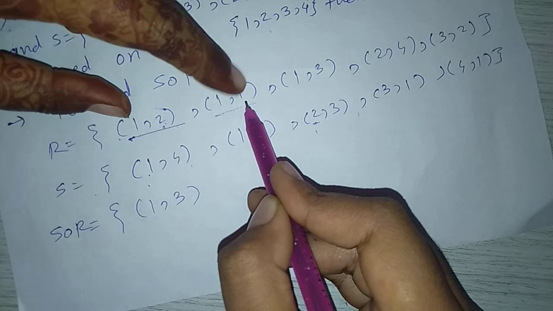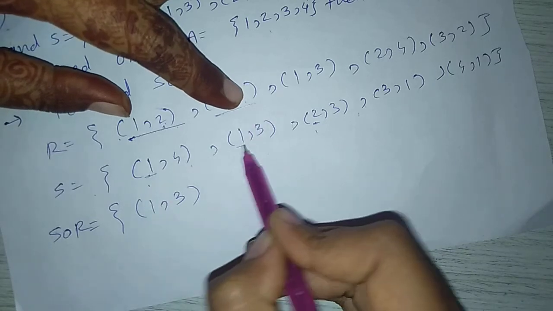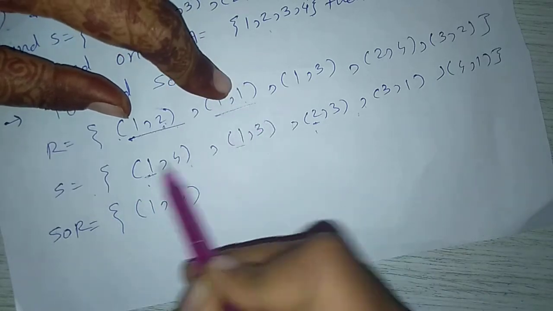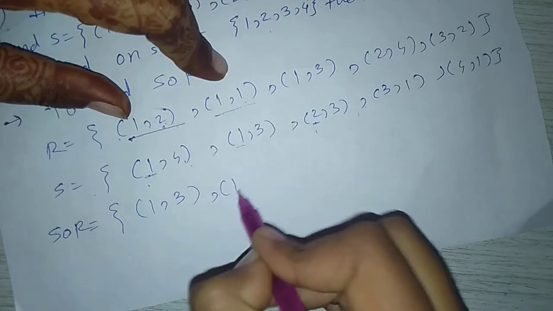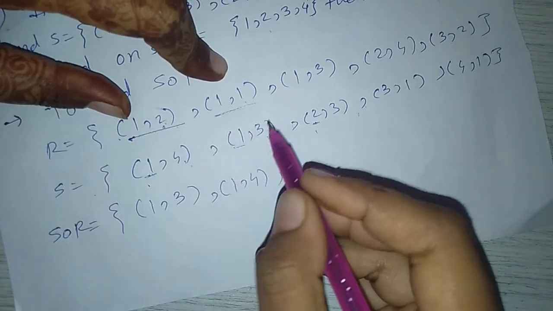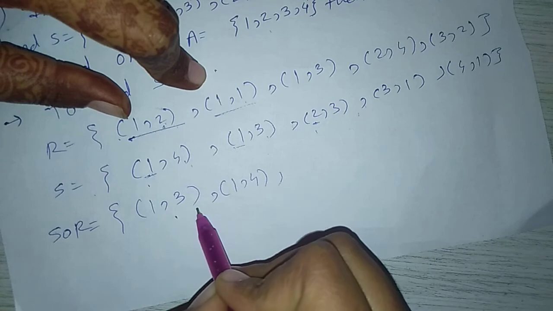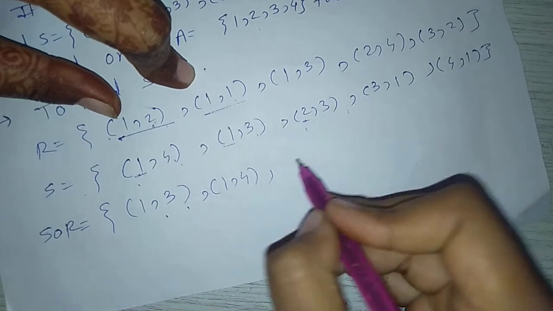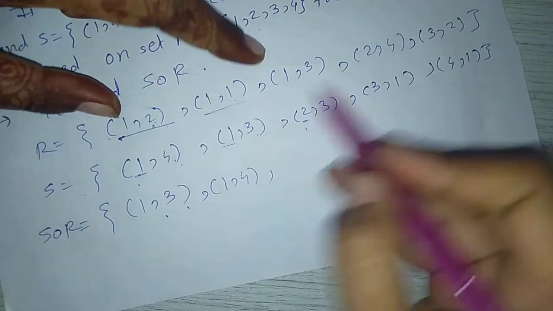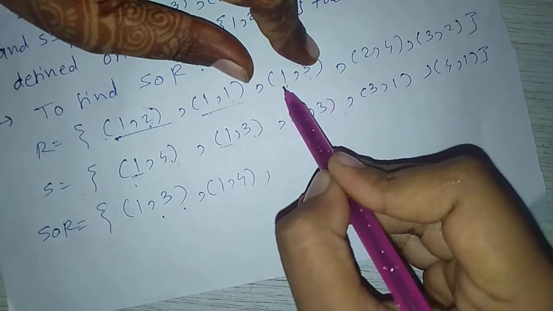Here second element is 1. Here first element 1. So (1,1), (1,4) is (1,4). (1,1), (1,3) is (1,3). (1,3) already belongs to this set, so we neglect it.